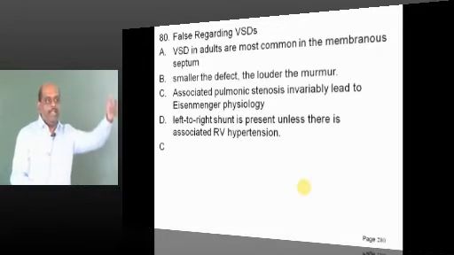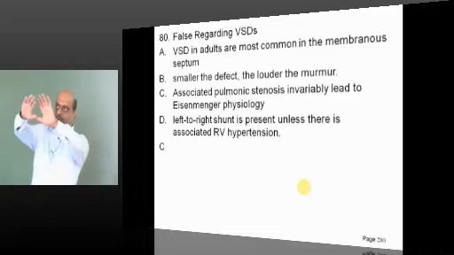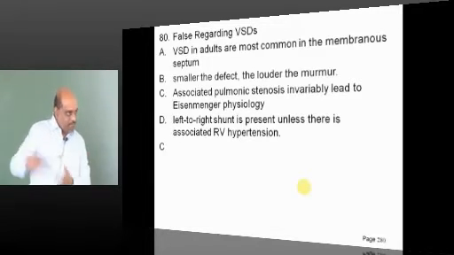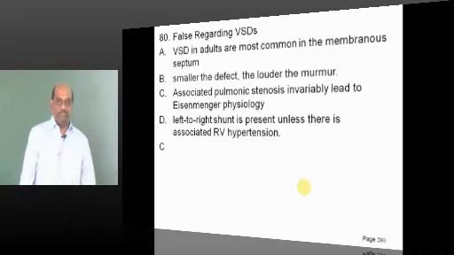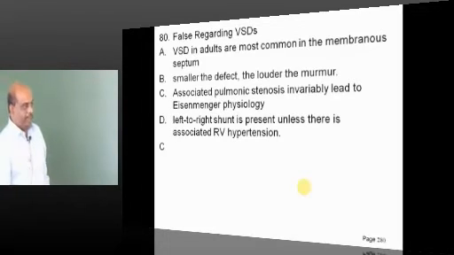It prevents the flooding of the lungs. It protects the lungs from getting flooded. It acts like the Nagarjuna Sagar dam, preventing the flooding of the lungs by this increased blood flow. Hence, Eisenmenger syndrome is prevented from happening if there is a coexistent PS along with VSD. That's where we build the dams, is what you need to basically remember.